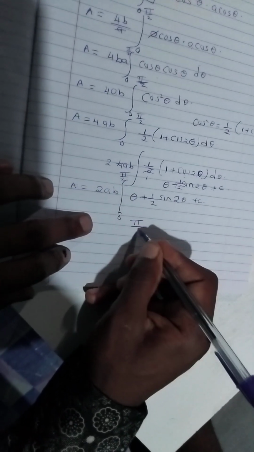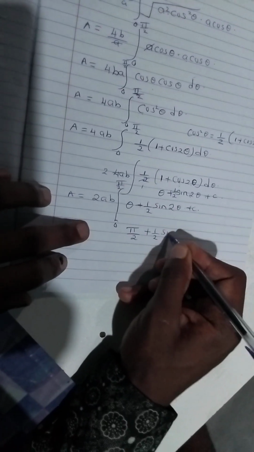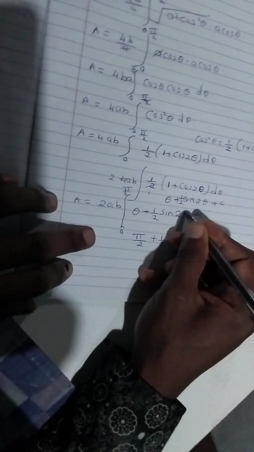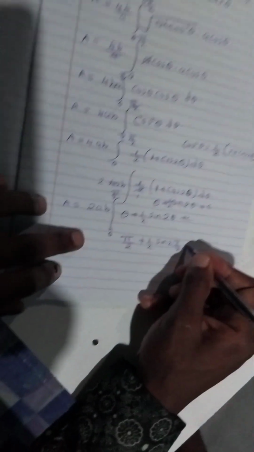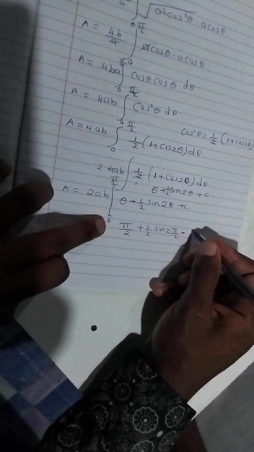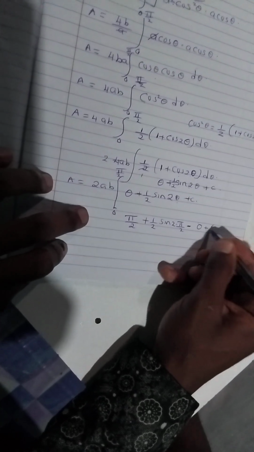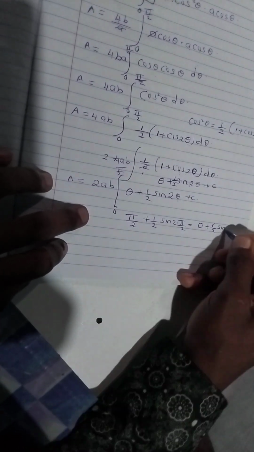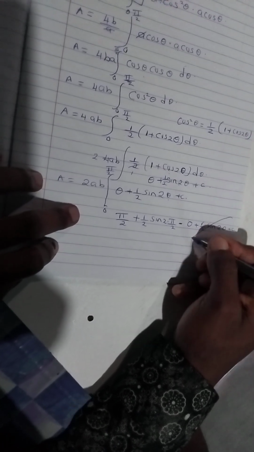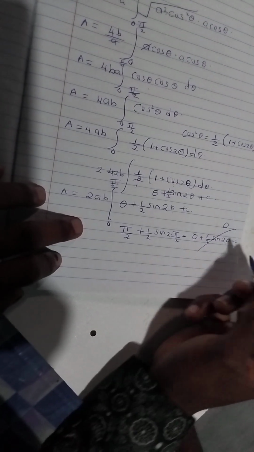This will be pi all over 2 plus a half sine 2 multiplied by pi over 2, because we are replacing theta with pi over 2. Then we shall minus the lower limit, which is 0. Now where there is theta, you replace with 0 plus a half sine 2 times 0 plus c. This one will cancel automatically to 0. Any number multiplied by 0 is 0.